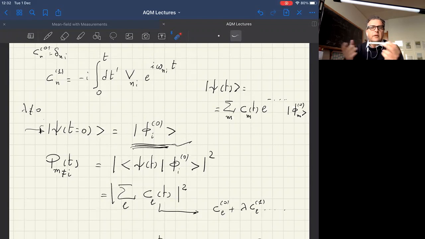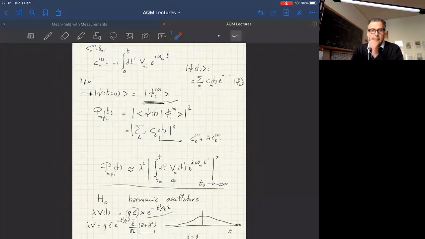The system was in a given eigenstate, the ground state for example, then light arrives and there are transitions. This is a situation in which the initial wave function is an eigenstate of the unperturbed Hamiltonian, and then you study the transition to other states. Yes, thank you. More questions?